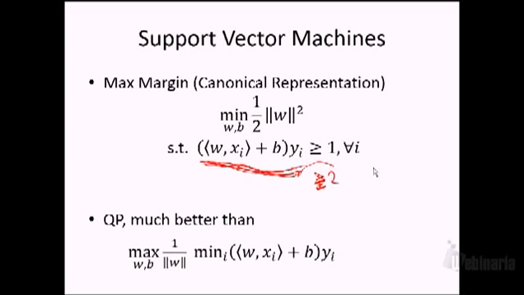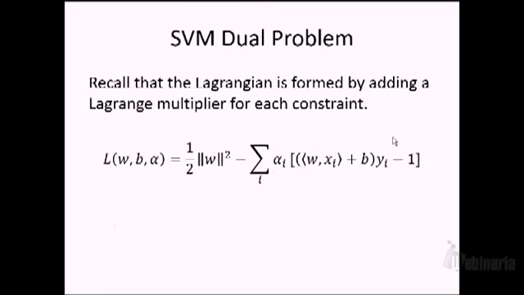And now we can use a QP solver to solve this quadratic problem. So what's the buzz about this thing in support vector machines? Well, let's see. Let's just take the dual.